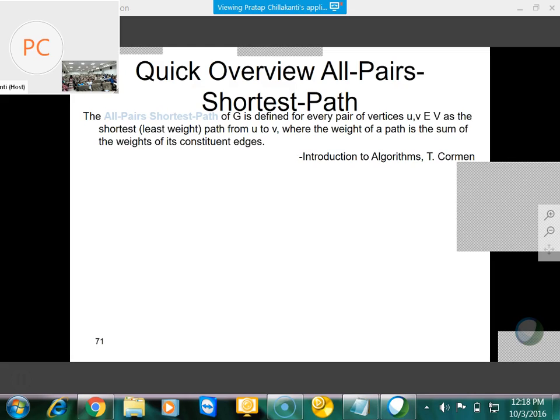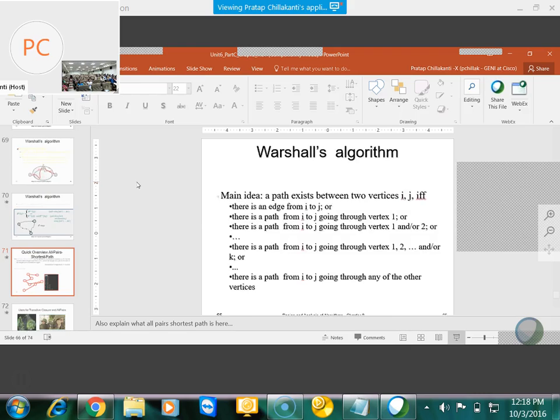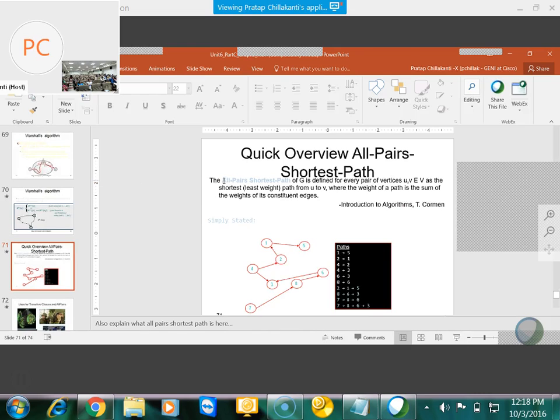Now you will revisit this all pair shortest path, okay? So all we are doing here is, one second, I should have verified this.